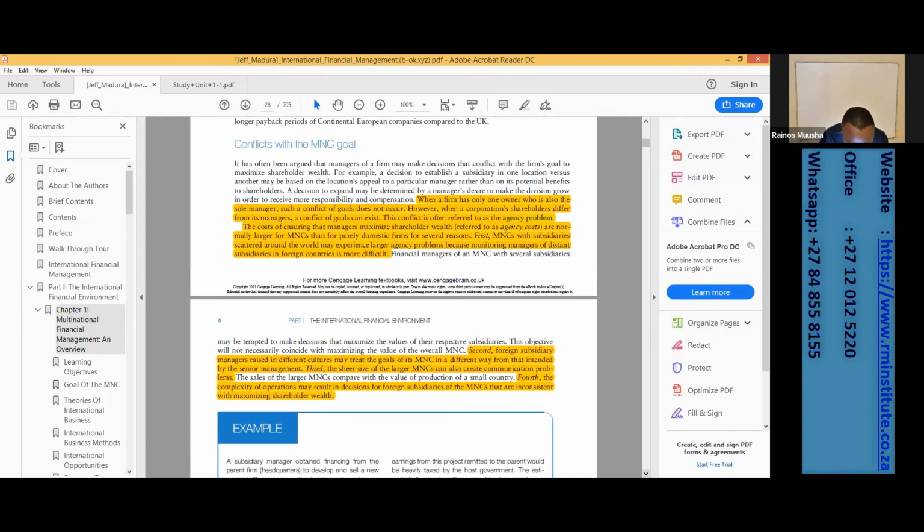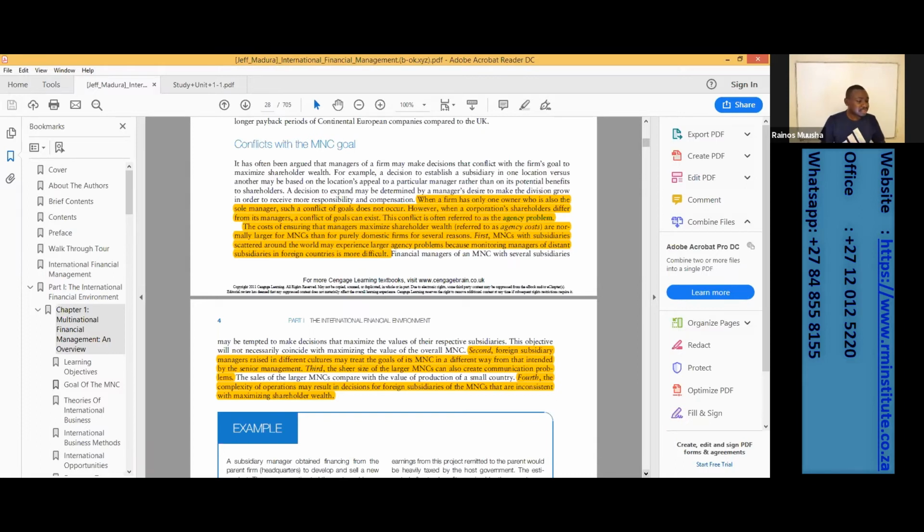Which means that because the company is quite big, making decisions for the multinational company is going to be very, very difficult, especially if the decisions have to be made from the head office. Because remember, if the head office where the parent company is situated centralizes the decision-making system, it's going to be very difficult to make decisions, because they will just come up with one particular decision.